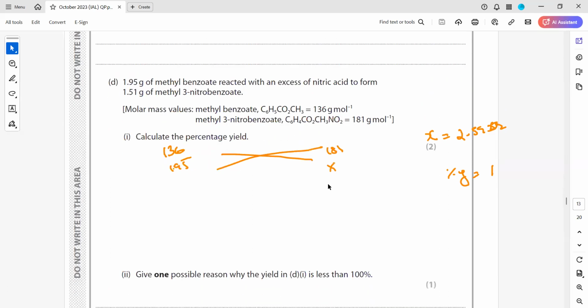We got 1.51, divided by the theoretical value, which is 2.59, times 100. That will give us the percentage yield, what proportion we get of this compound. Clear about this? Which is about 58%.